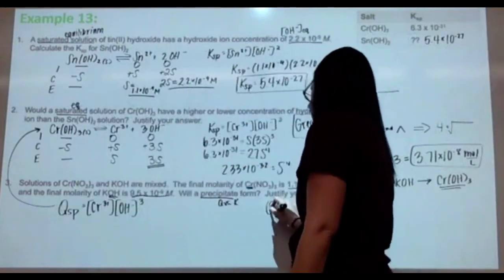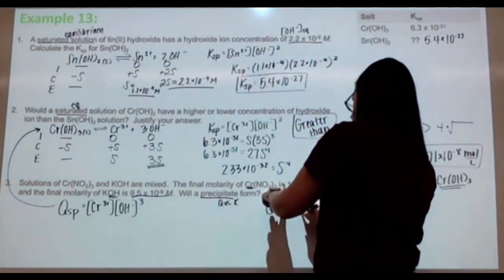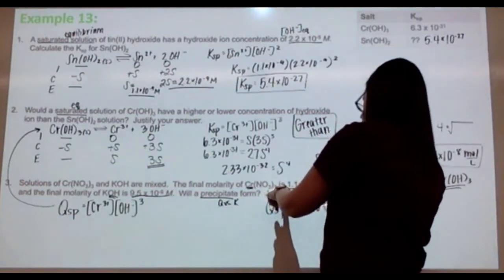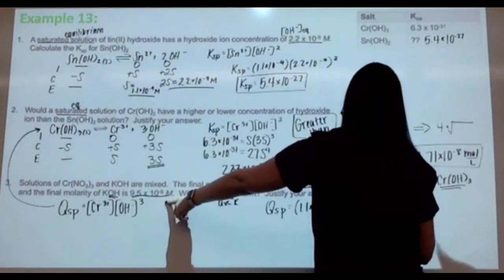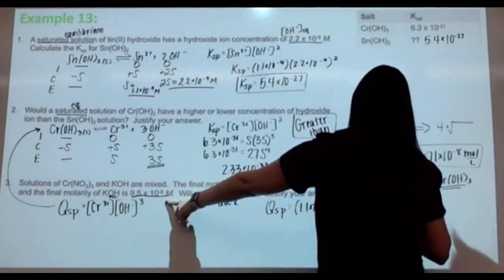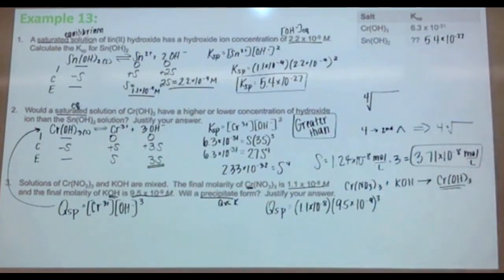So I'll come over here. So Cr3+ is 1.1 times 10 to the negative 8, OH- is 9.5 times 10 to the negative 9, but don't forget to cube that. You have to cube it because that's part of the expression.